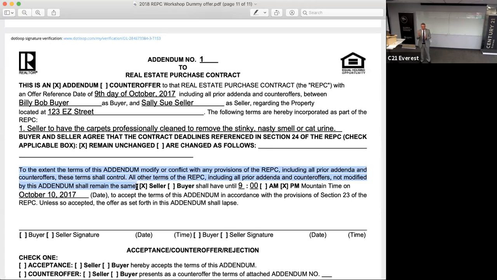The buyer's saying the seller has now agreed to sell it for whatever $7,000 above the appraised value is. So if it now appraised for $30,000 less than the list price, the buyer's saying, great, I just got a good deal on this property. Well, technically not in their mind because it didn't appraise, but the seller's going, I didn't agree to that. I didn't agree to go $30,000 less.